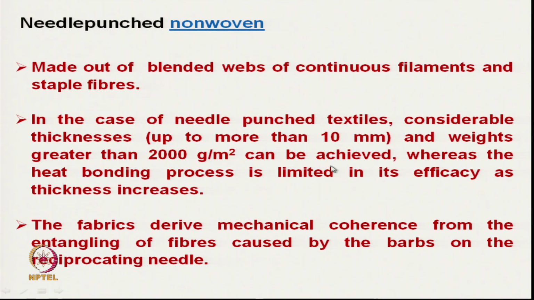In the case of needle punch textile, considerable thickness can be achieved. It can go up to 10 millimeter thickness depending on our requirement. The weights can be 2 kg per square meter. The fabric is derived from mechanical cohesion by entangling fiber using the barbed needles.